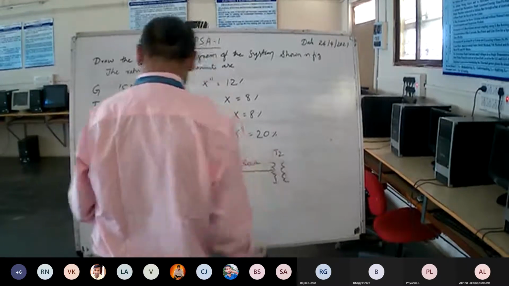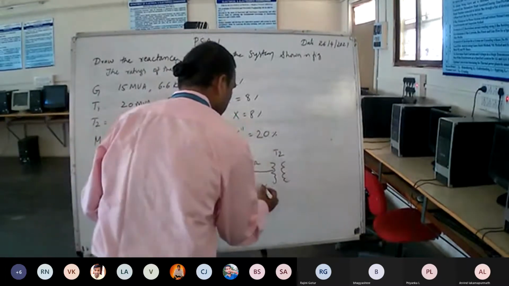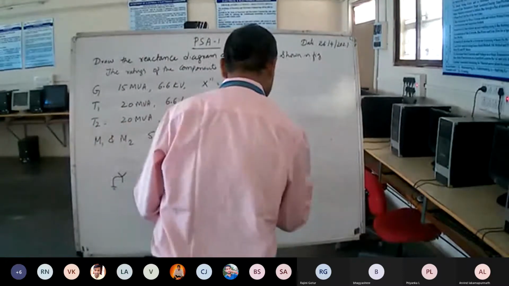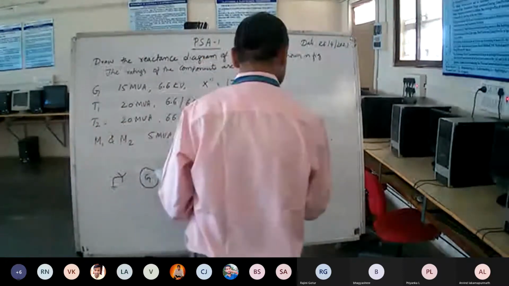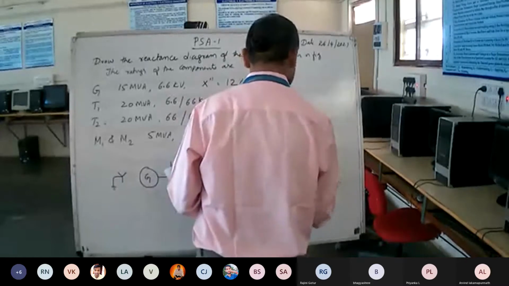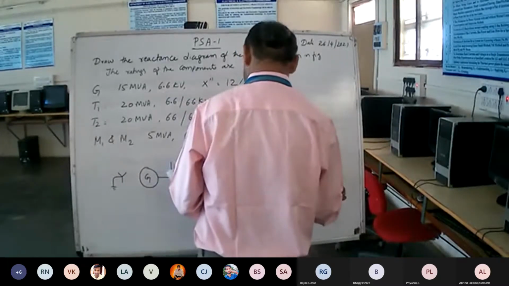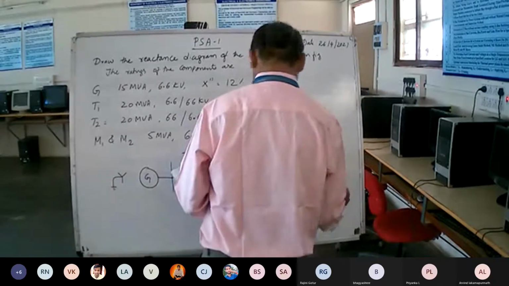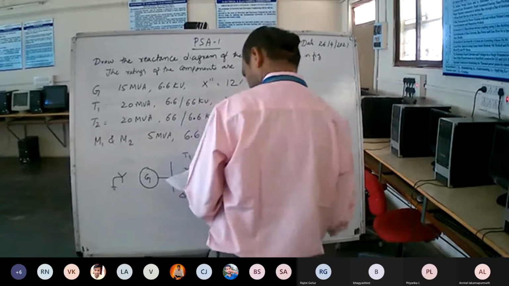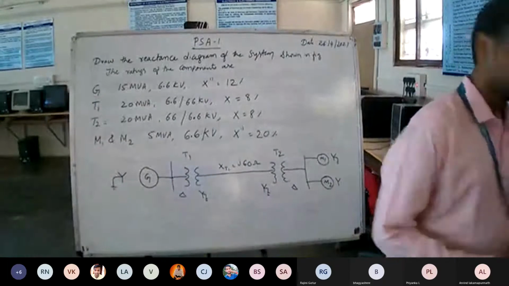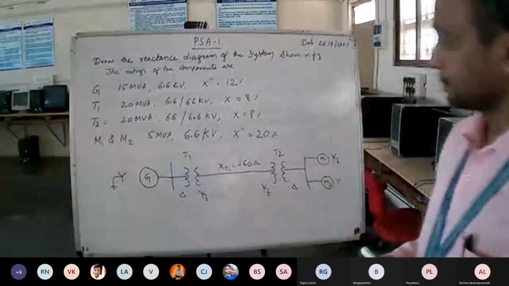Transformer 2, star connection and delta connection. Motor 1 and motor 2, star, star grounded. So note down these things.